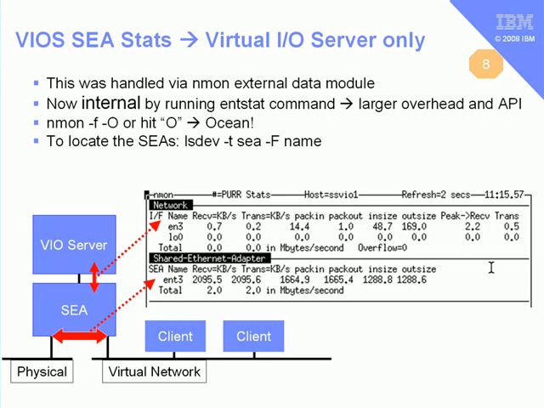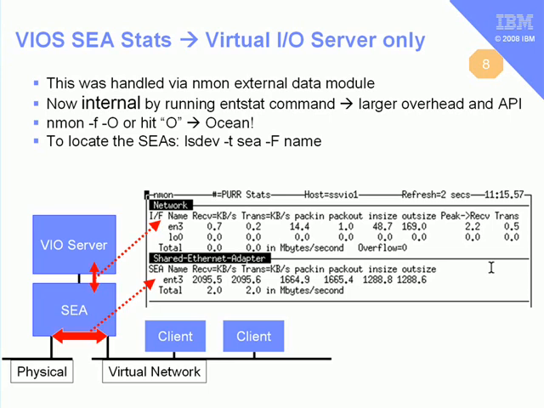A lot of people don't understand that when you look at the network stats on the VIO server, they are the packets that are coming in and out of the Virtual I/O server itself as a copy of AIX. What's being passed over the Shared Ethernet Adapter is actually happening at level 2. It's a bridge and it doesn't really enter AIX as such, and so the numbers aren't recorded by the standard AIX tools.